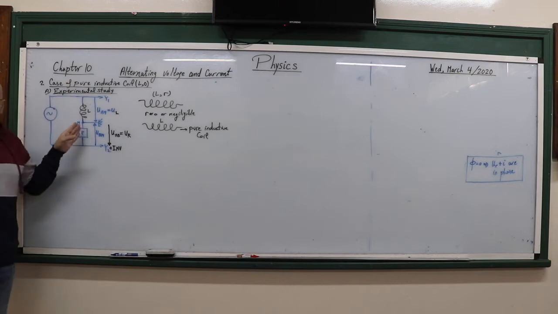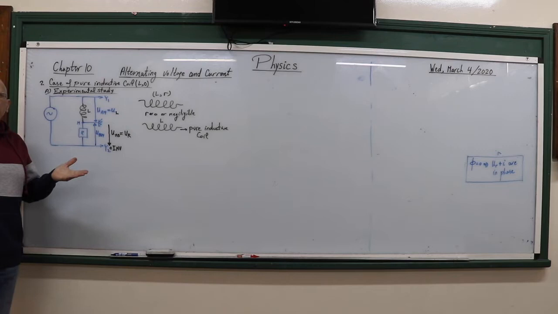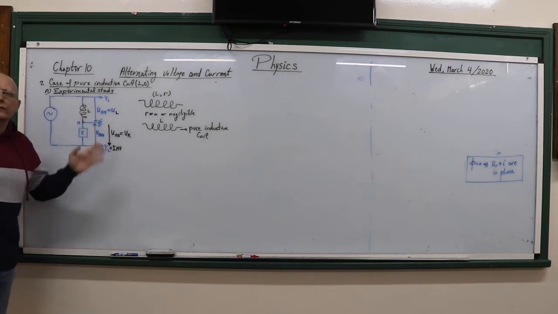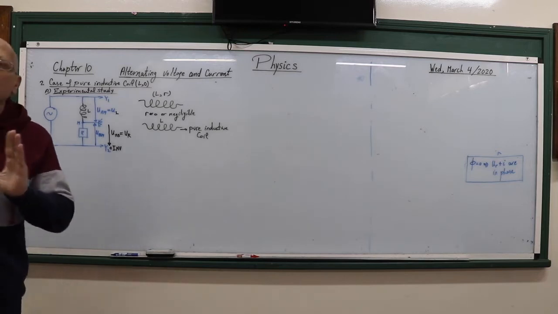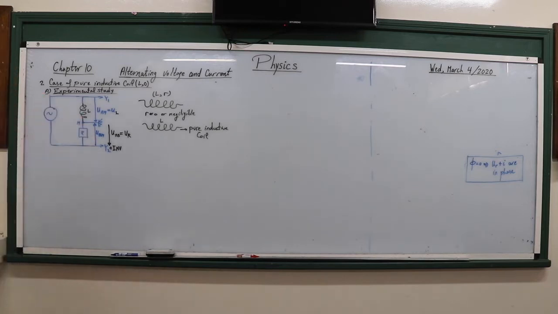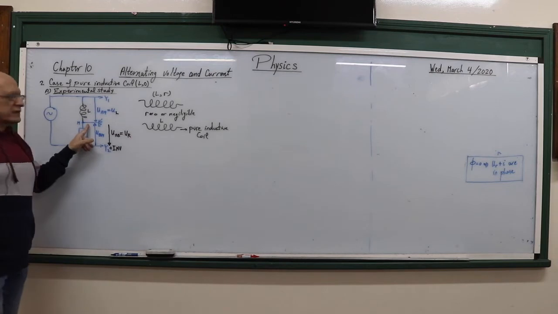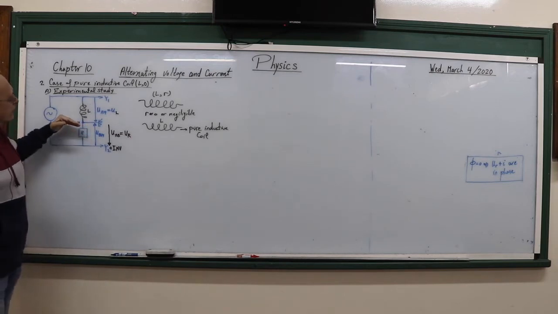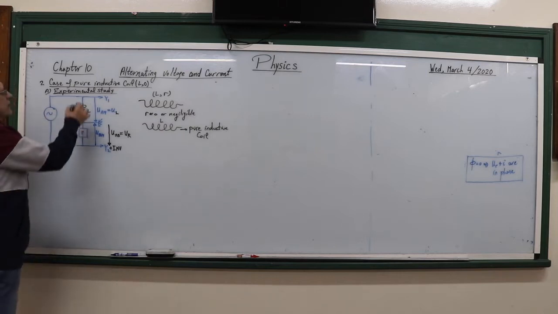The same procedures for the experimental study of UL are followed as those for UR, for the resistor. Also here, this is the ground of the oscilloscope that separates the voltages from each other.